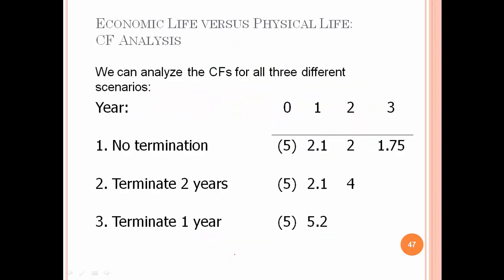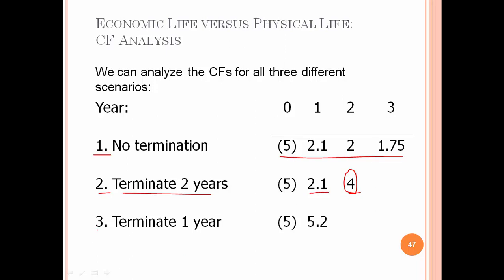To answer that question, we can analyze the cash flows for all 3 different scenarios. Scenario 1 is there's no termination. We try to use the equipment for all 3 years. The second scenario is we terminate after 2 years. So in that case, in year 1 we receive cash flow from the project, and in year 2 we receive some cash flows from the project, and we receive some money from selling the equipment, and the total amount of cash is 4 million.